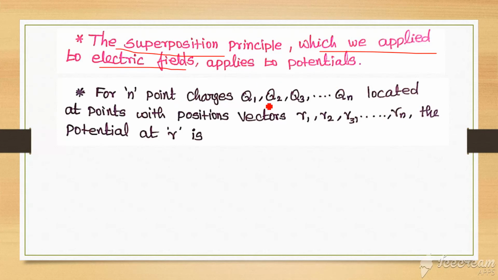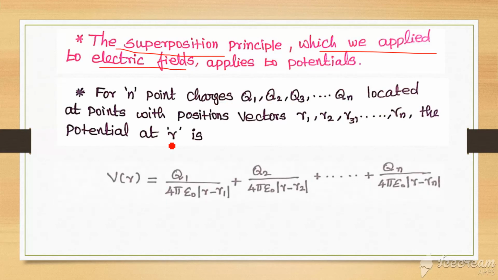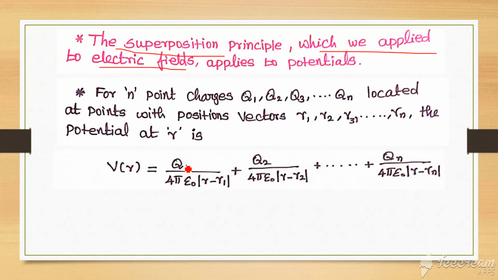For n point charges q1, q2, q3 and qn located at points with position vectors r1, r2, r3 and rn, the potential at r is written as V of r is equal to q1 divided by 4 pi epsilon naught modulus of r minus r1, plus q2 divided by 4 pi epsilon naught modulus of r minus r2, and so on up to qn divided by 4 pi epsilon naught modulus of r minus rn.